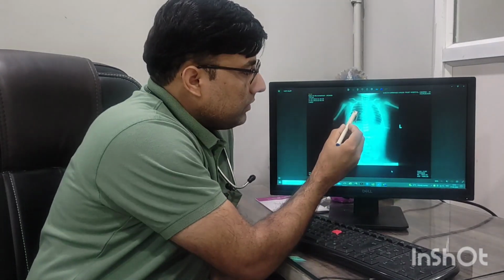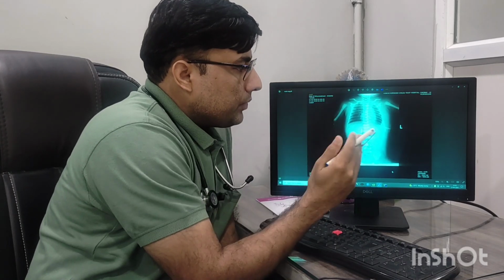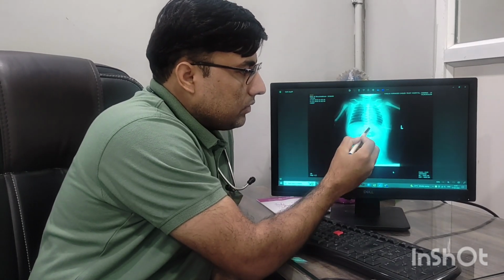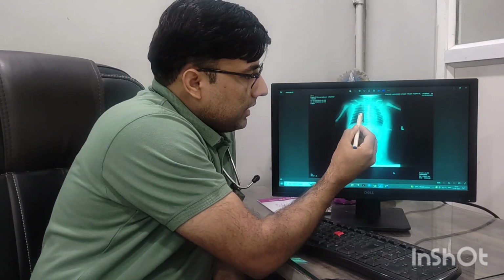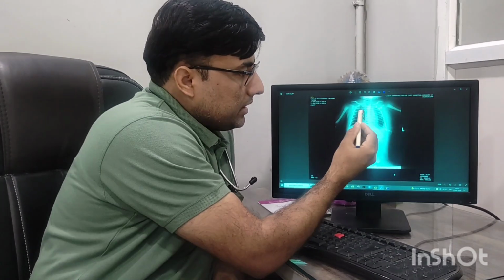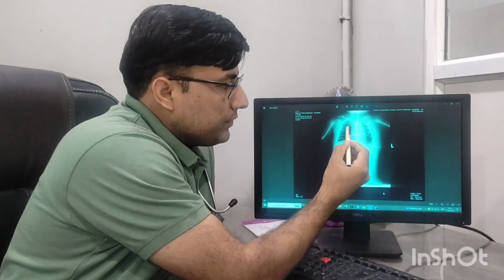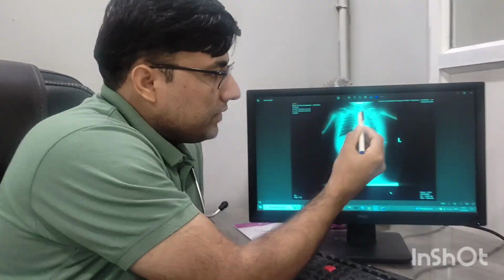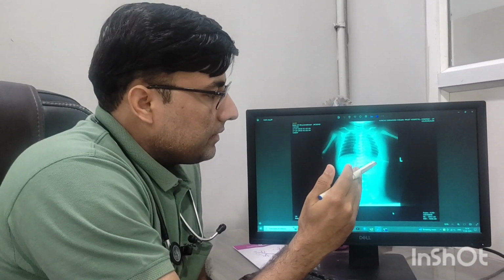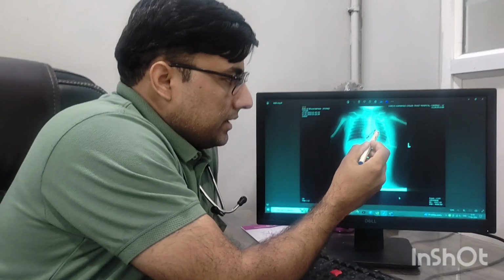These posterior ribs are horizontal, that's why in AP view, ribs will look more horizontal and prominent, and the vertebral column will look more prominent.